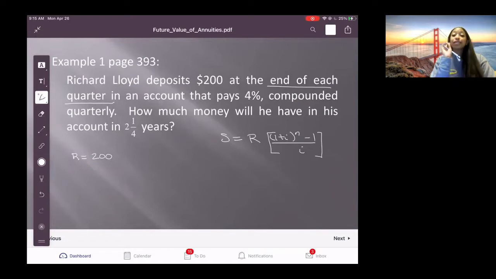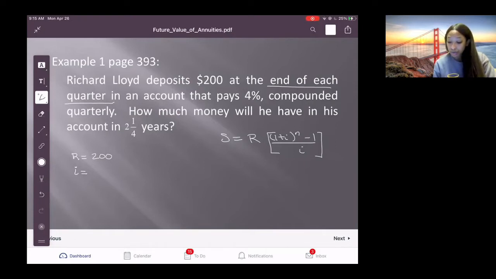Now, for I, this is the interest rate per period. It bothers me a little bit because the n that we see here is not the n that we used for the compound interest formula. This n represents the number of periods, not the number of times you compound. So please be careful with that. This I is going to be the interest rate per period.